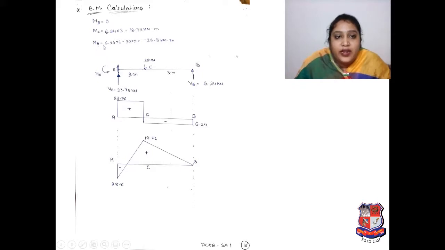What will be moment at A? Your 6.24 into 5 minus 30 into 2. So 6.24 into 5 minus 30 into 2 is equal to minus 28.8 kilonewton meter moment we received at A.